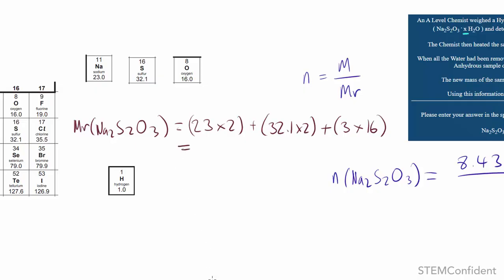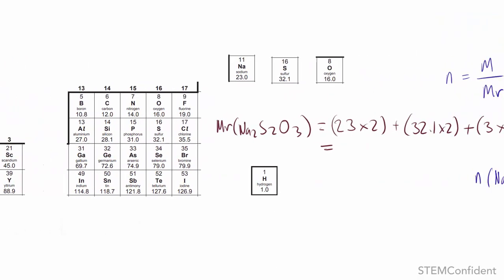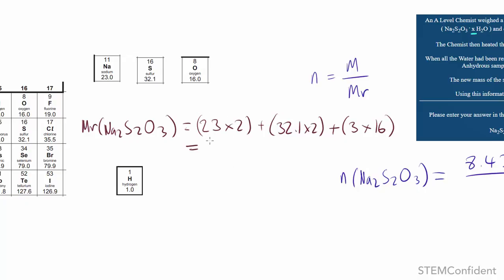And so that's going to give us the molar mass. In this case, that's going to give us 158.2, and the units for that are grams per mole.